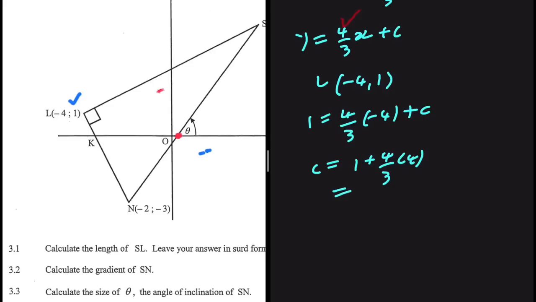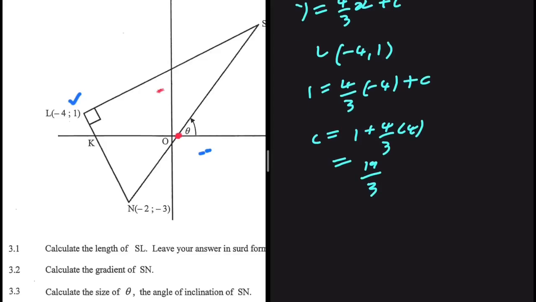I have 19 divided by 3. Does it make sense? 4 multiplied by 4 is 16, plus 3 is 19, divided by 3. So y equals 4/3 x plus 19/3.